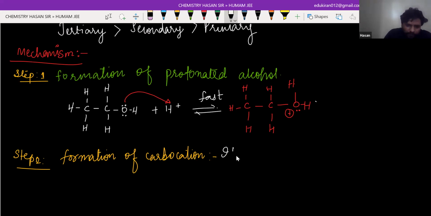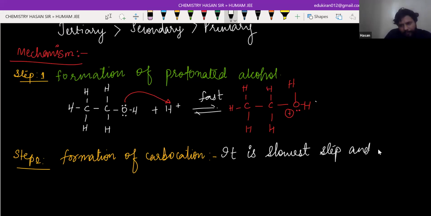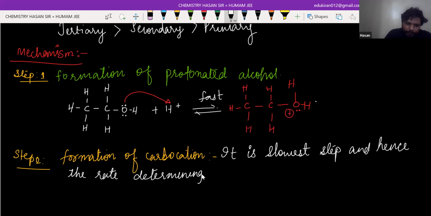So basically, this second step is the slowest step, and the slowest step is the rate determining step of the reaction.